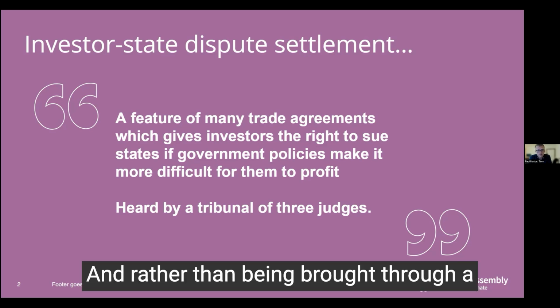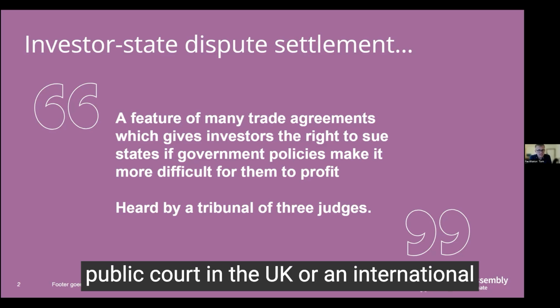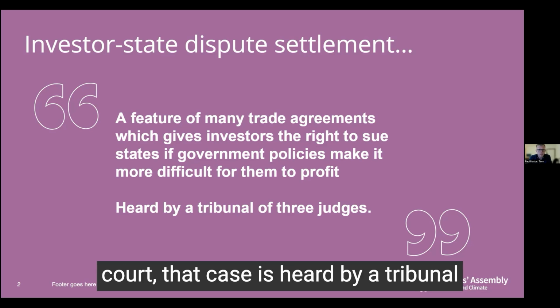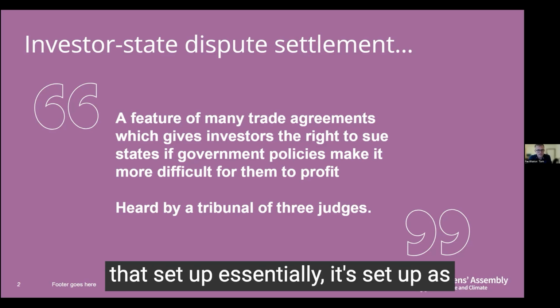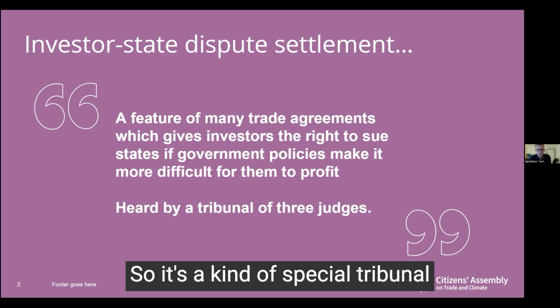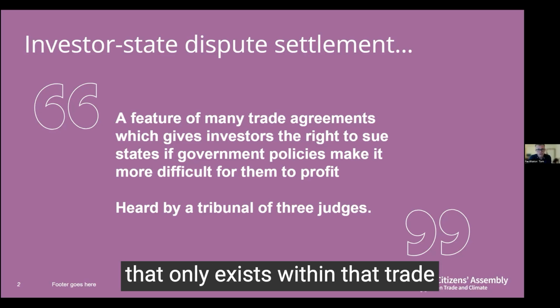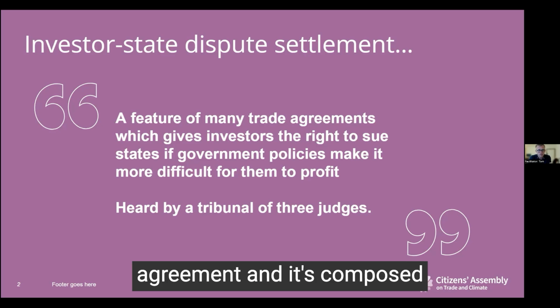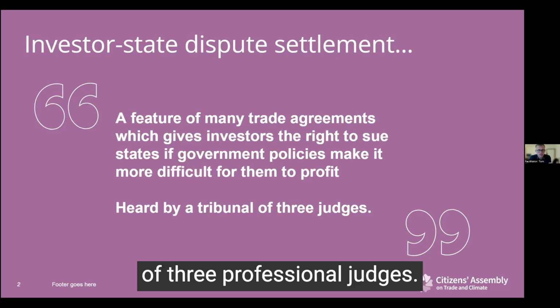And rather than being brought through a public court in the UK or an international court, that case is heard by a tribunal that's set up as provided for within the trade agreement. So it's a special tribunal that only exists within that trade agreement. It's composed of three professional judges.